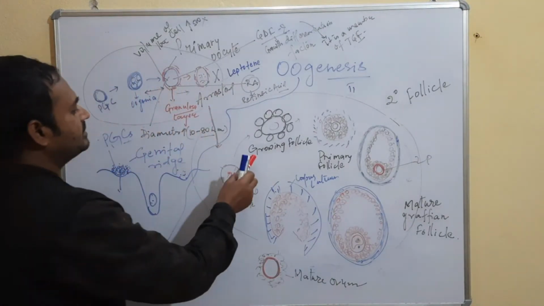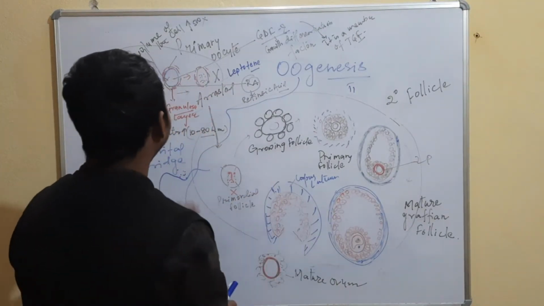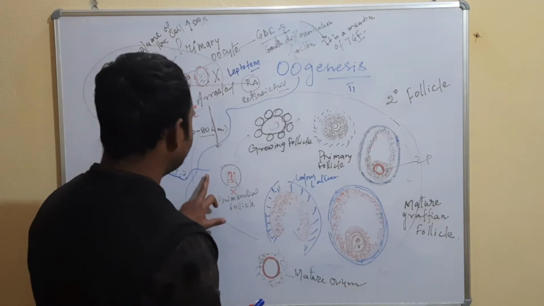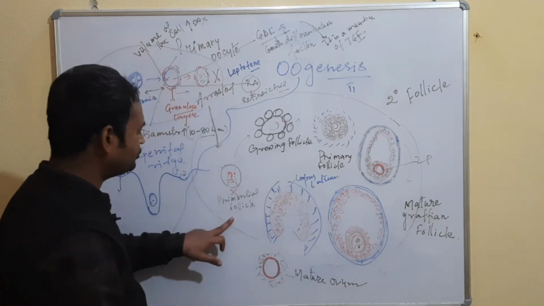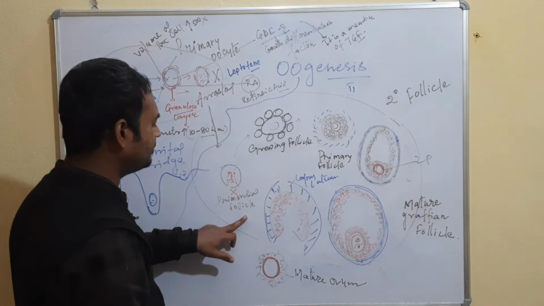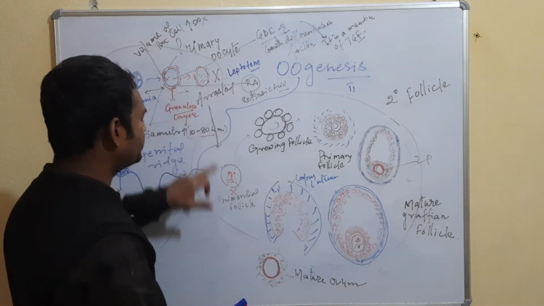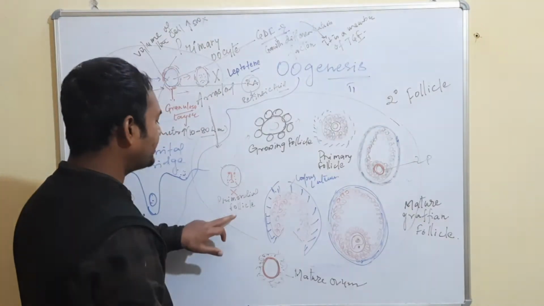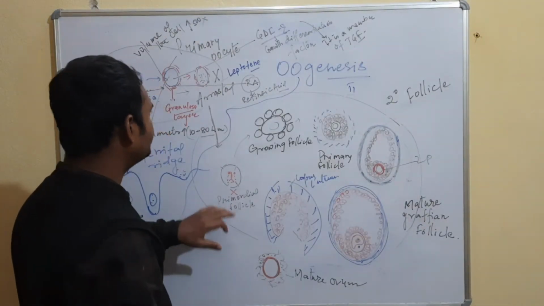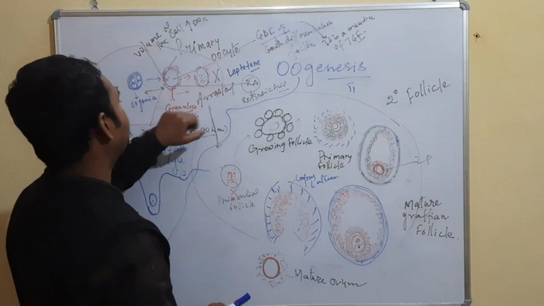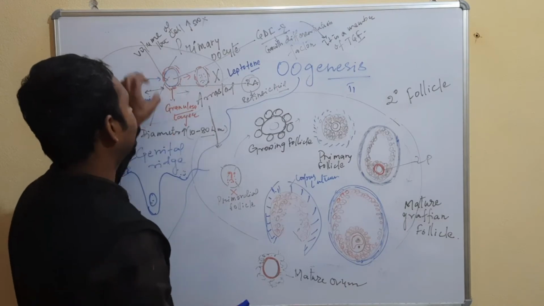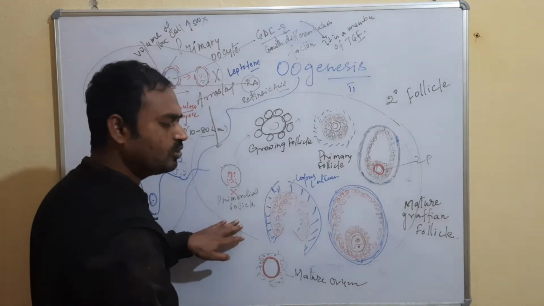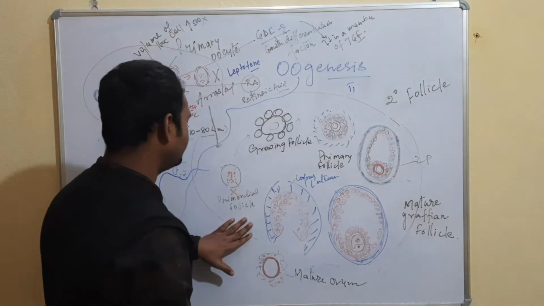So after the baby matures, the primordial follicle, which we have brought from after the birth of a baby, will be called the cell which is overlapped with the granulosa layer. That could be called the primordial follicle.